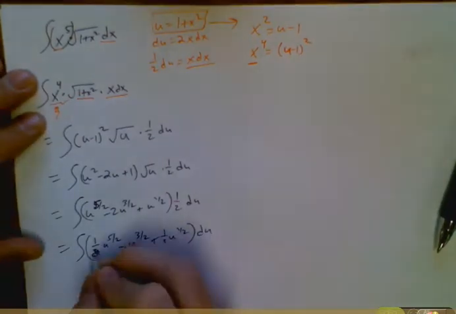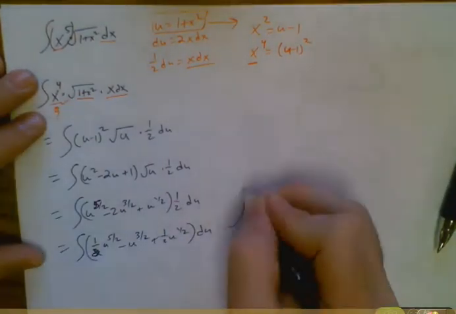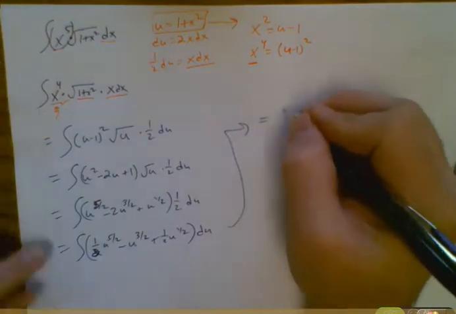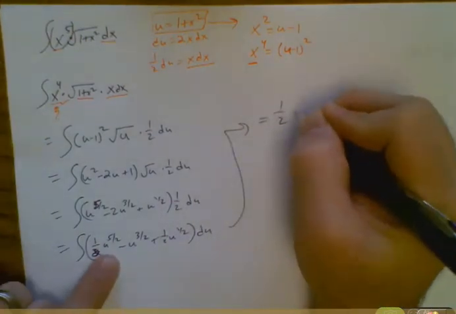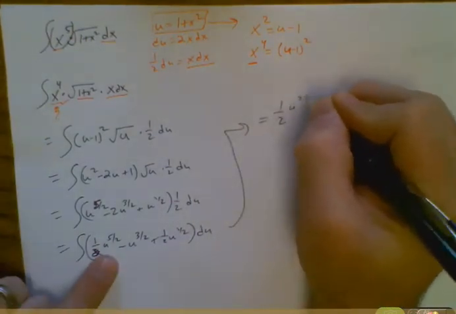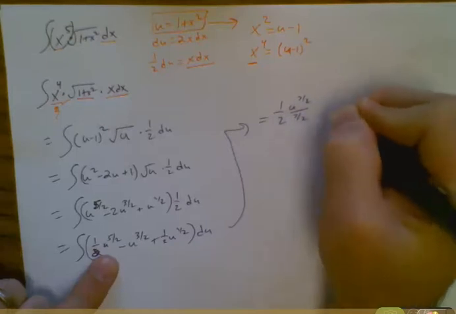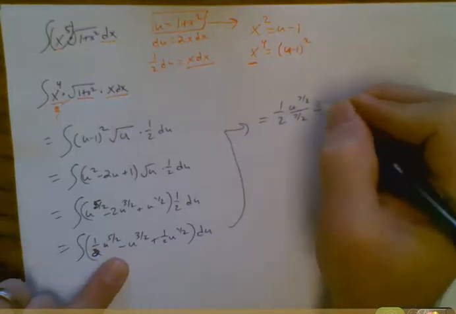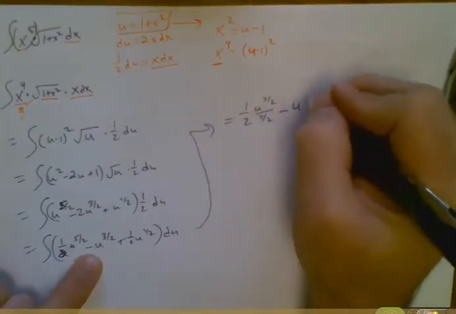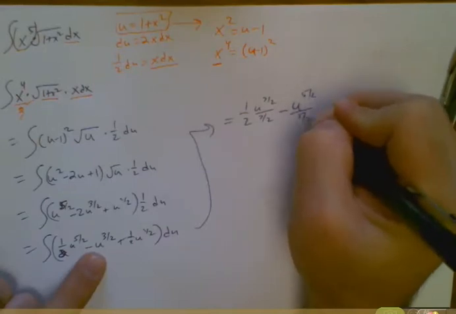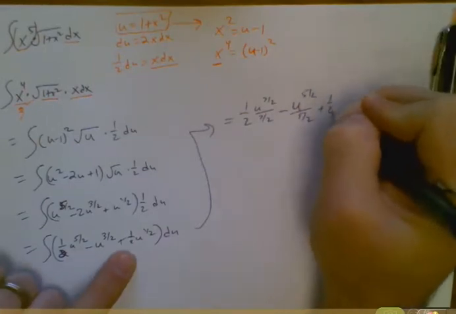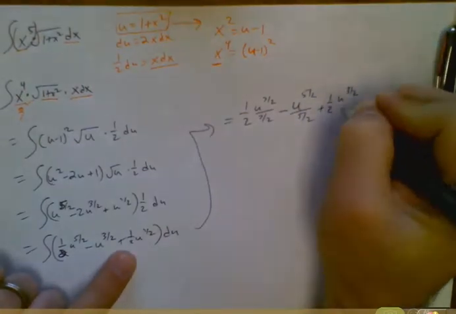And that's something we can actually just go piece by piece. So piece by piece, this turns into 1/2 u to the 7/2 over 7/2 minus u to the 5/2 over 5/2 plus 1/2 u to the 3/2 over 3/2.